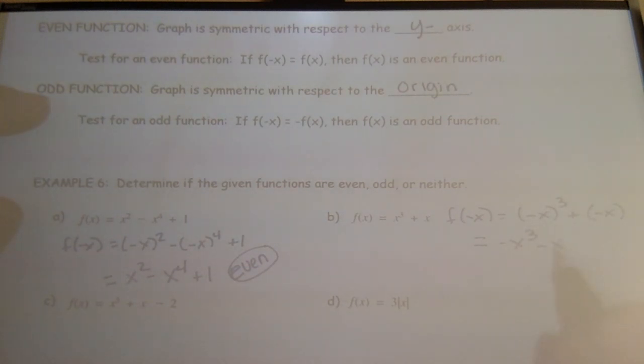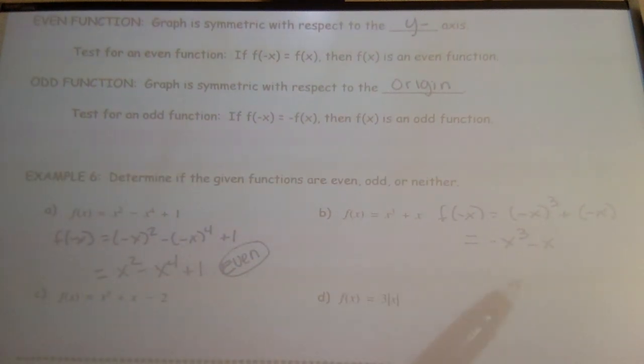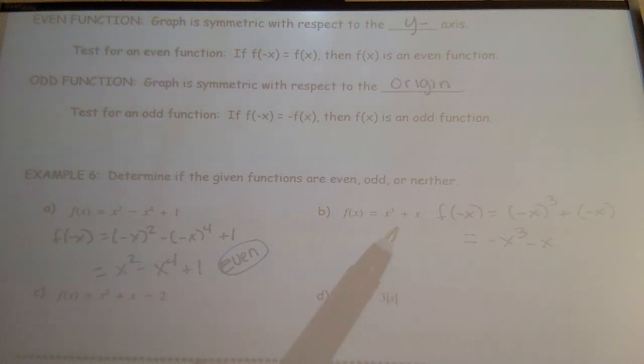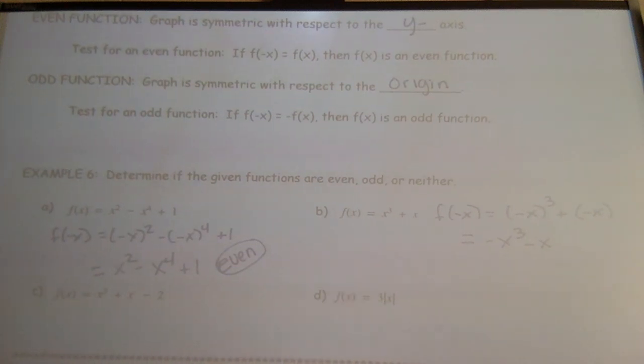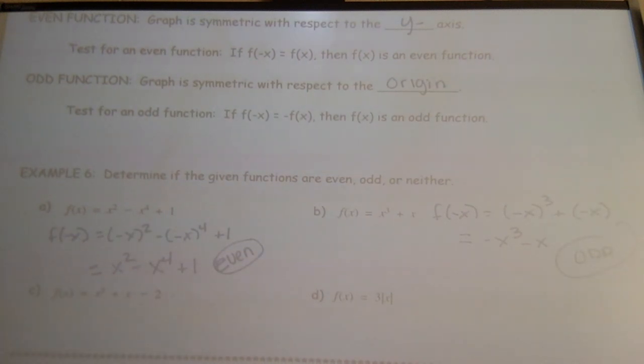And then that's minus x. Look at this function compared to this function. Is this the opposite of this one? Yes. So it's an odd function. All signs have switched. So it's an odd function.